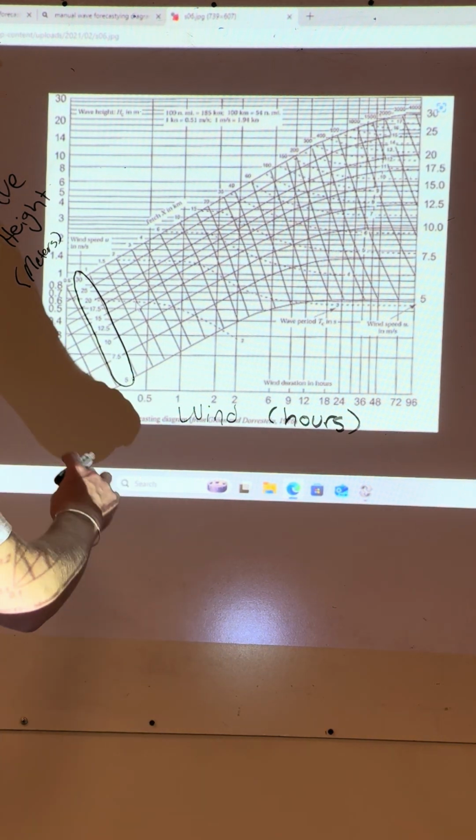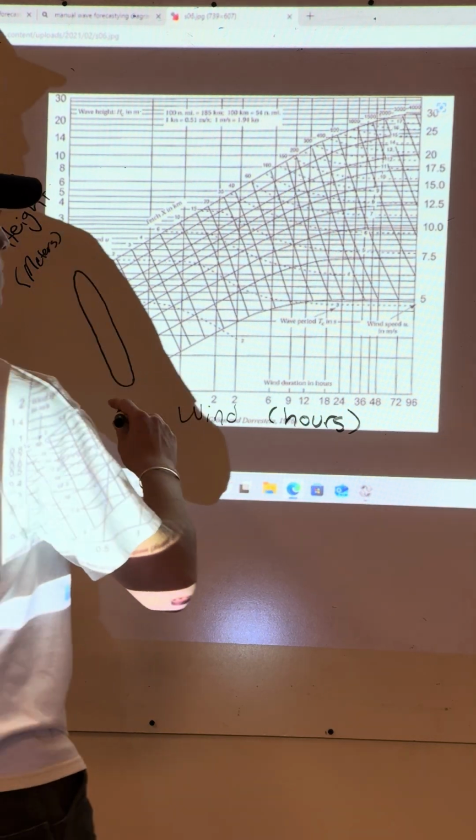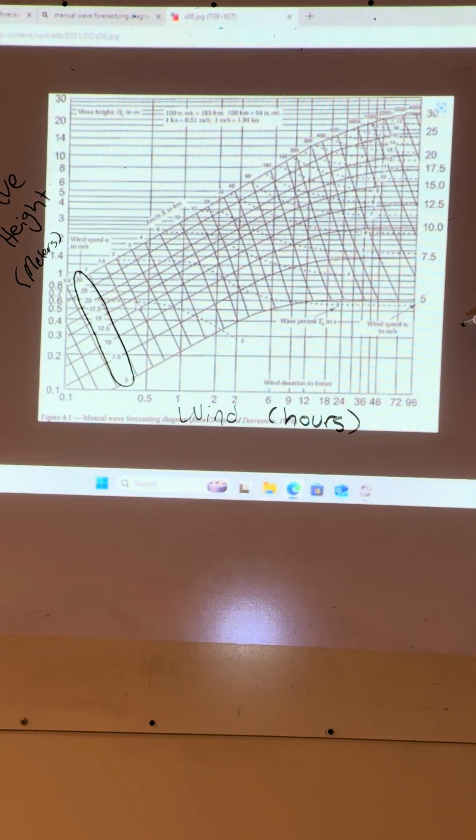Okay, what does that bring us to? Over on this side, we have our wind speed. Okay, this is starting to make sense.